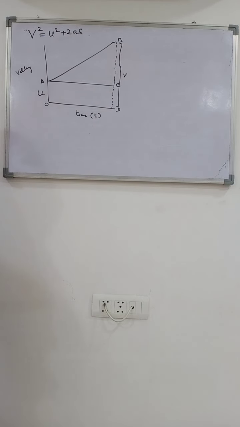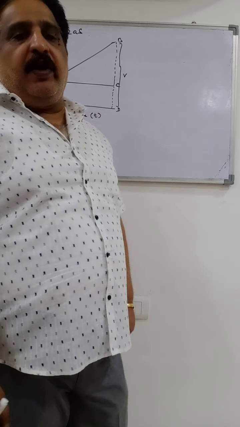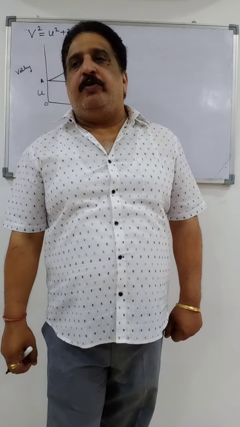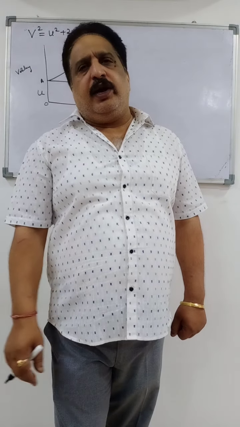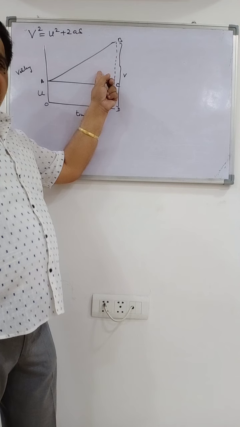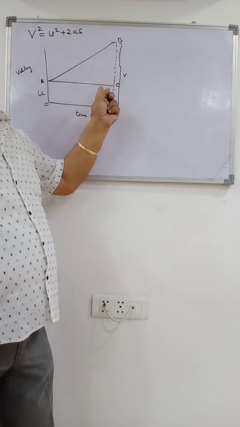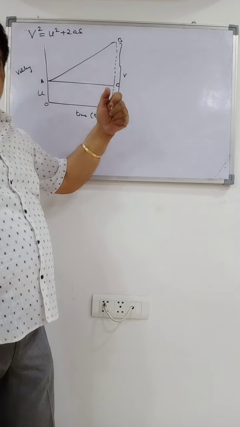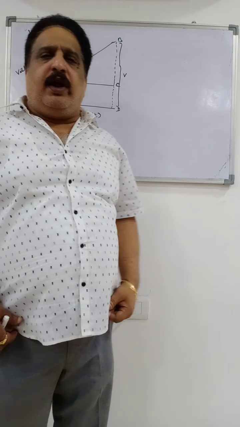Now in this case also you have to calculate the area under the curve, because you need distance. But there are two methods. Last time we did that area is equal to area of the triangle plus area of rectangle. But you can do this through another method also: area of a trapezium.